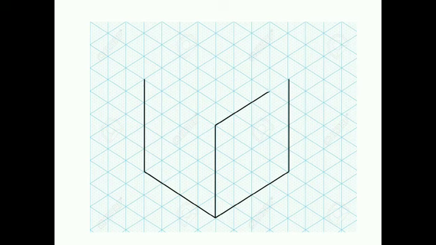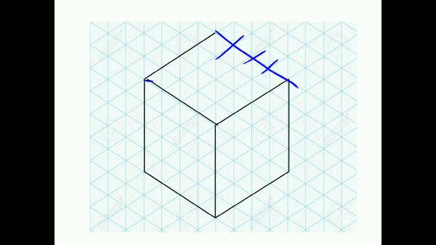So here like this, again count 4 boxes, 1 2 3 4, and then join the line. And the remaining 1 2 3 4. So join these 2 points. So this is the diagram of the cube whose edge is equal to 4 centimeters.